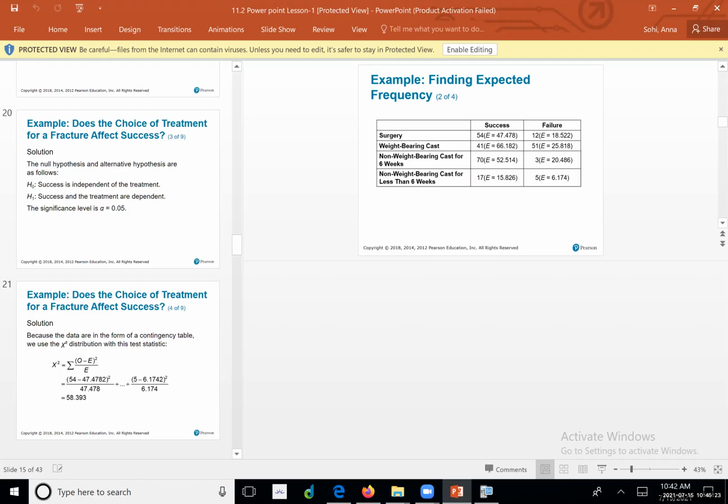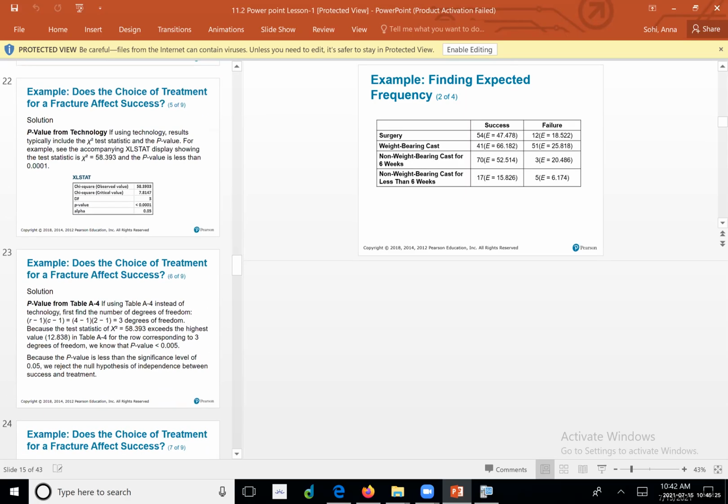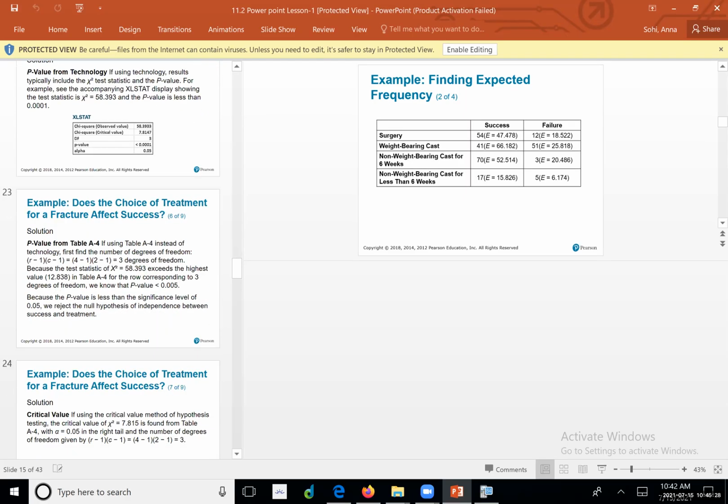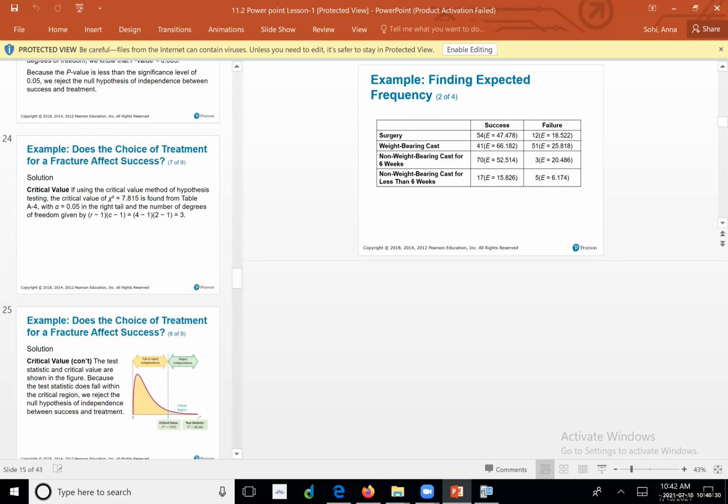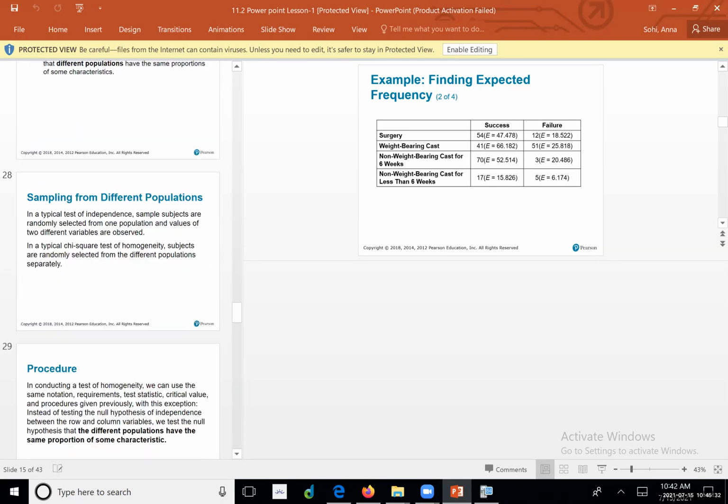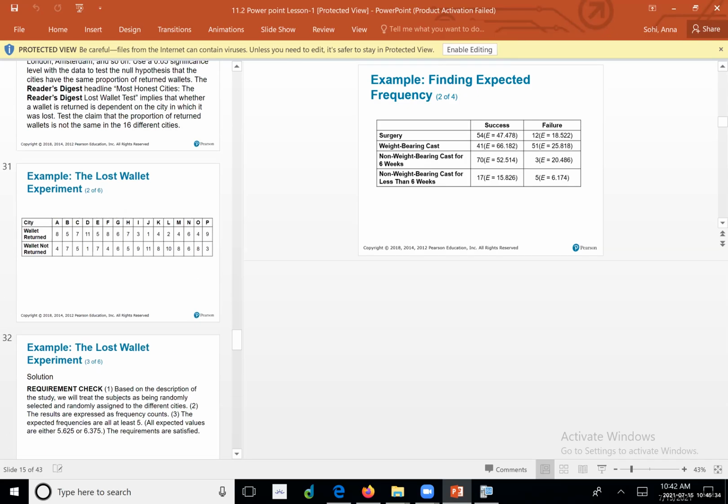So let's do another problem. We can use our textbook for it. Yeah, let's just go to the textbook.